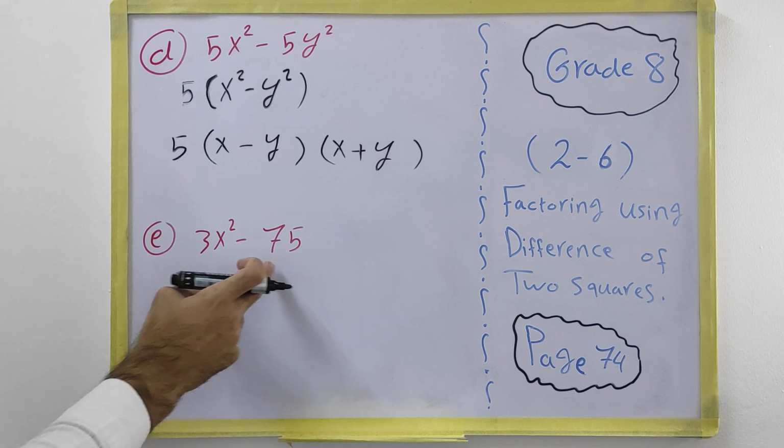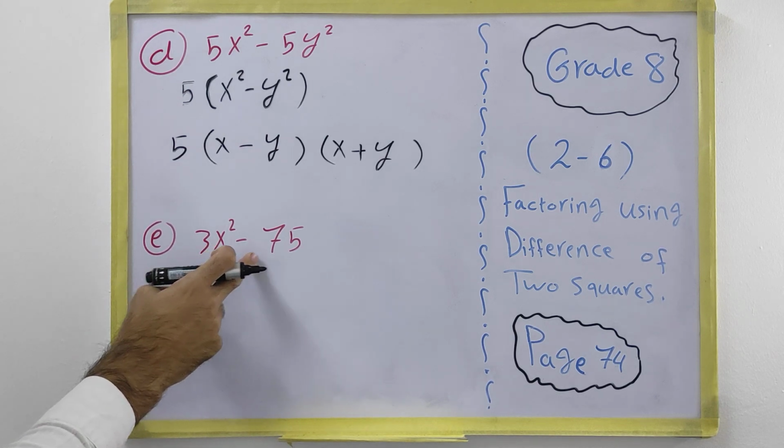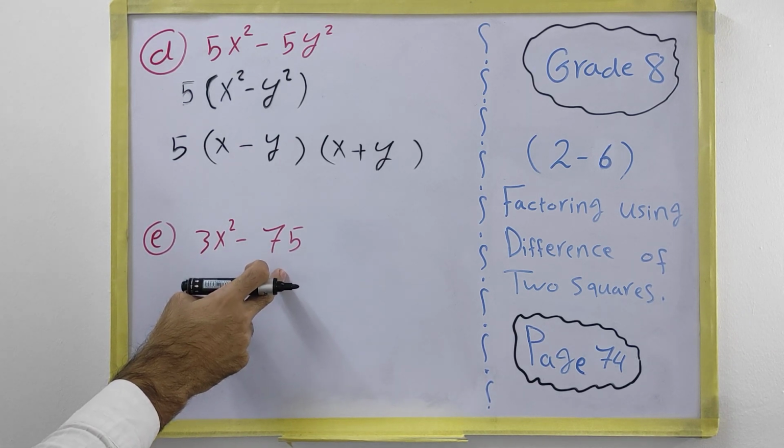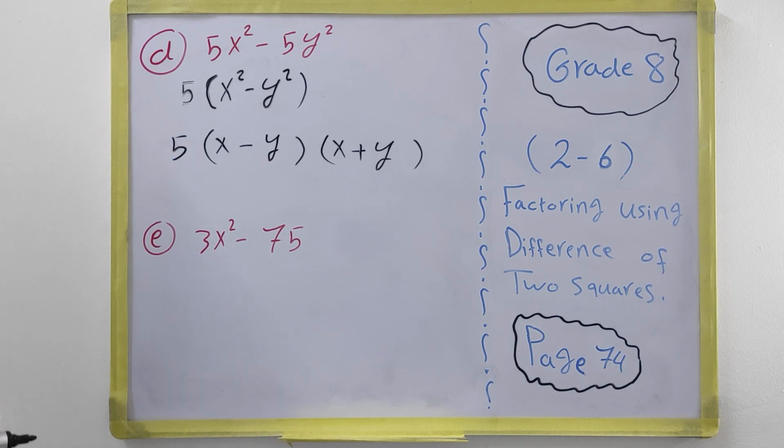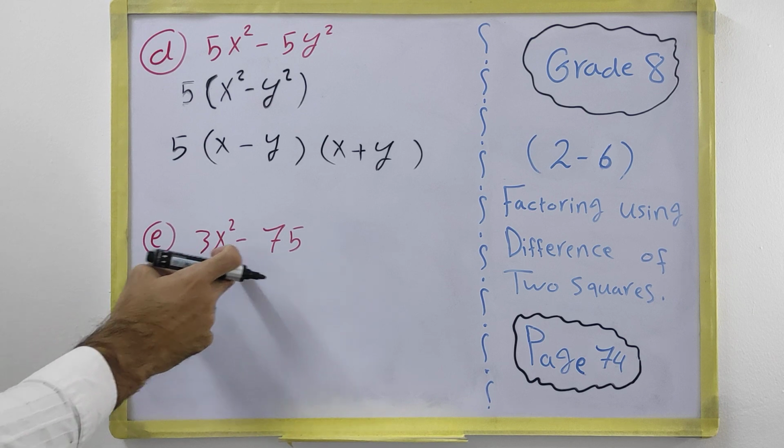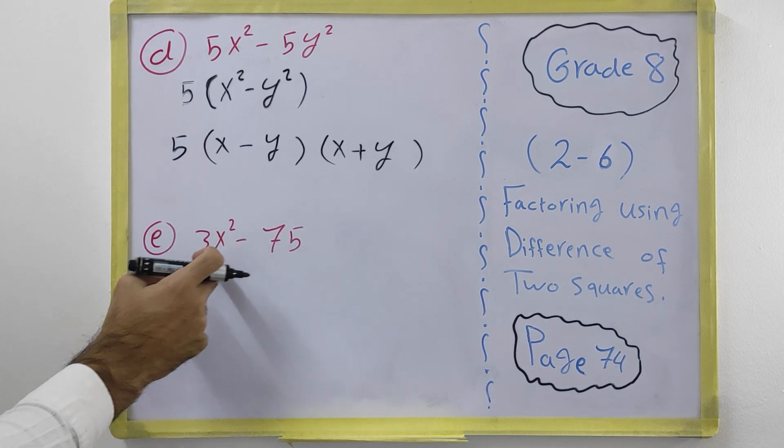The other one, if you look, 3x power 2 minus 75. 75 is not a perfect square. Even 3 is not a perfect square. But both of these numbers can be divided by 3.